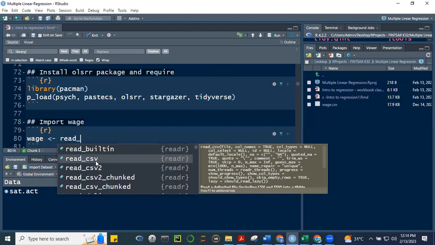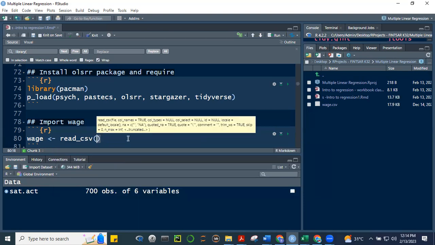Dito na tayo sa read underscore csv, kasi this is coming from readr, which was uploaded with... kasama kasi ito sa tidyverse. Mas bago.